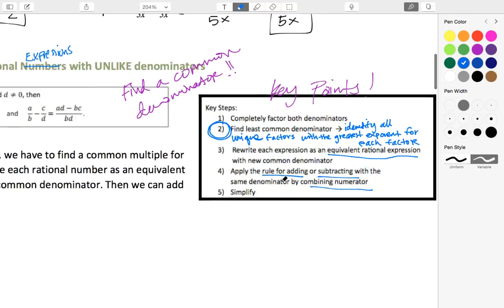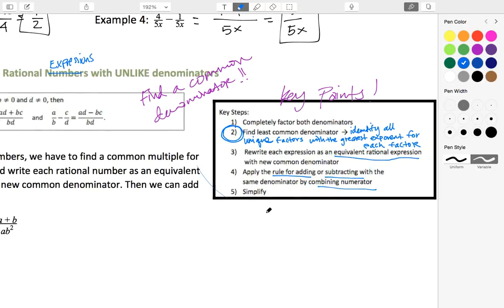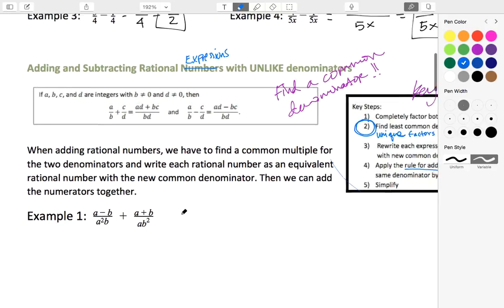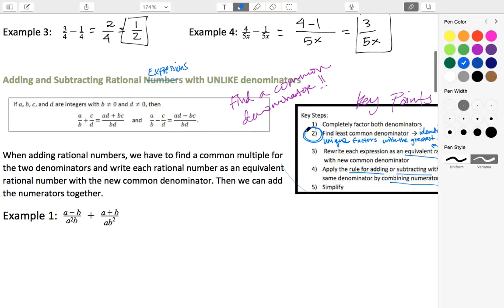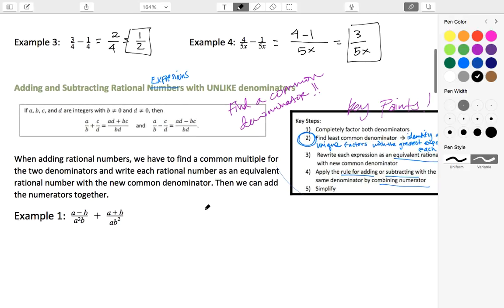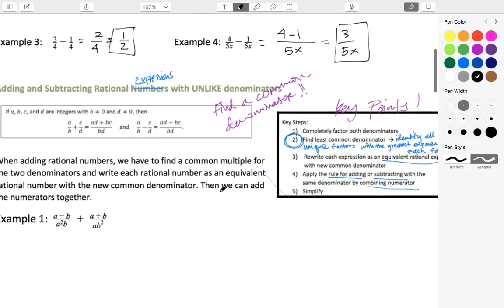These are our key points to ground us as we work through these problems. First example: it says completely factor both denominators. These are not factorable. They're already fully factored, so we can skip that step. Going to step 2, finding the least common denominator, we need to identify all unique factors.